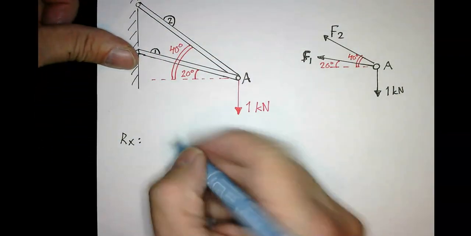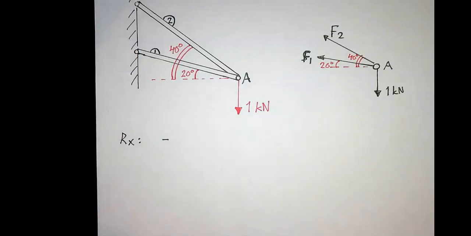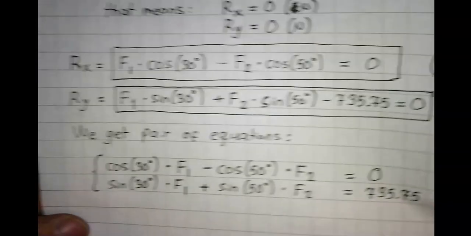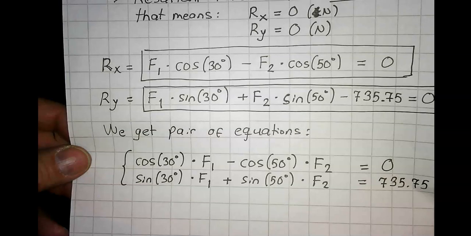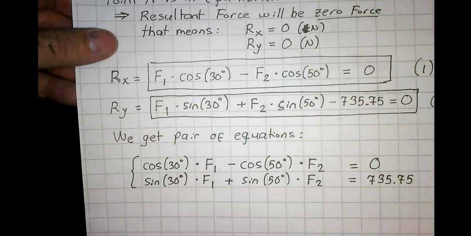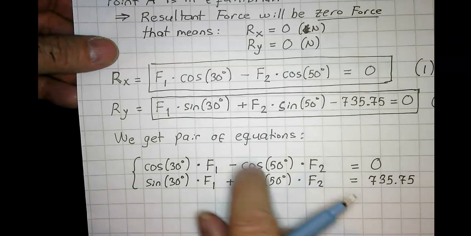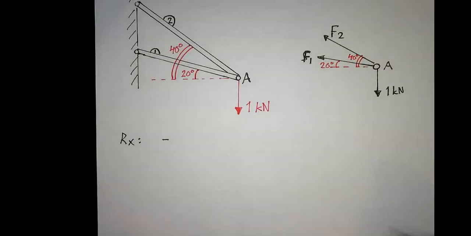So I will get minus, and now I will be a little bit wiser than I was here. I write those first in this kind of form: first the cosines and then the names of forces.